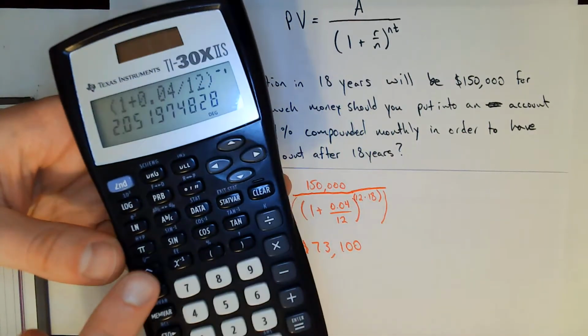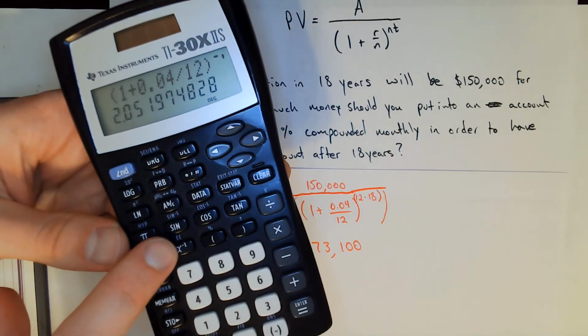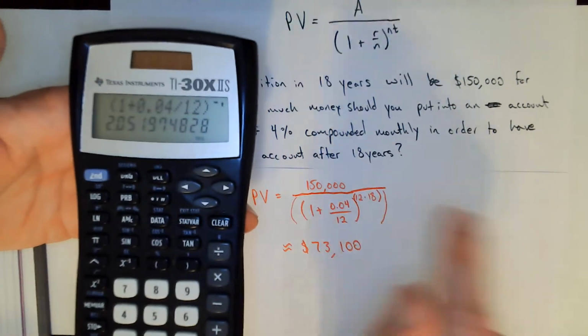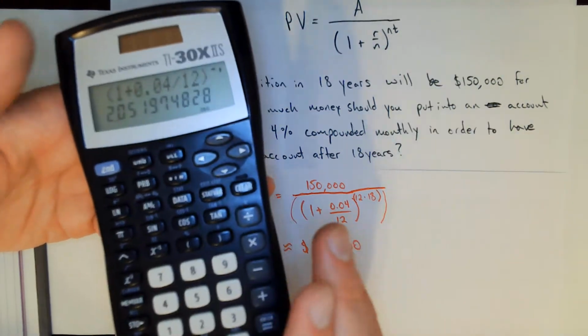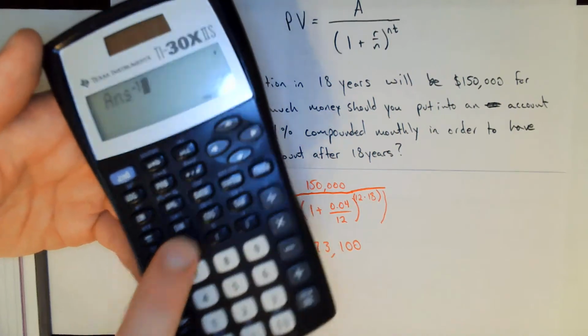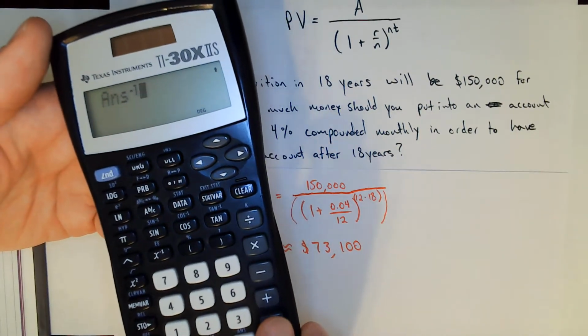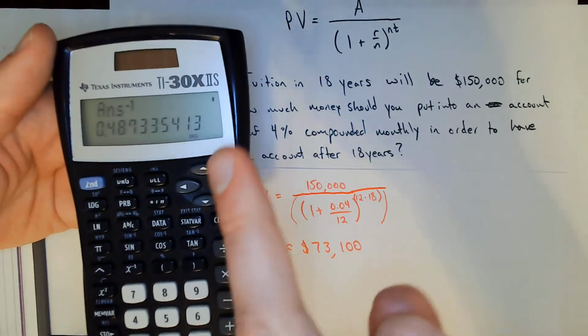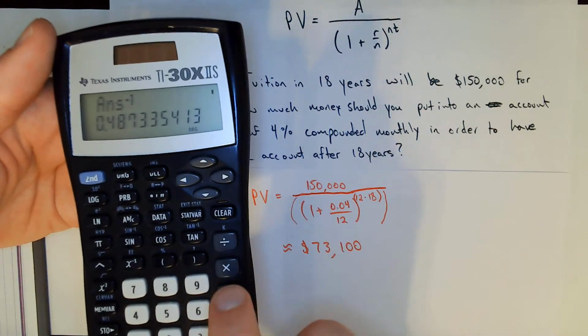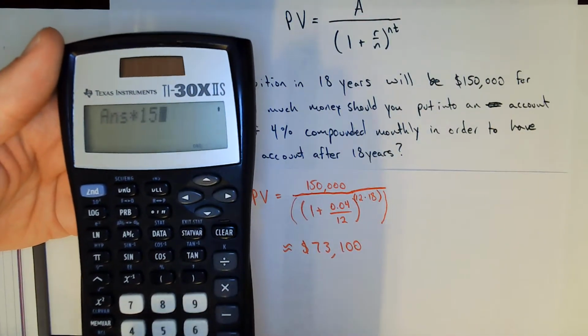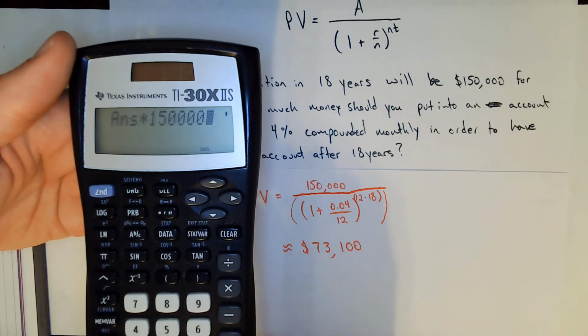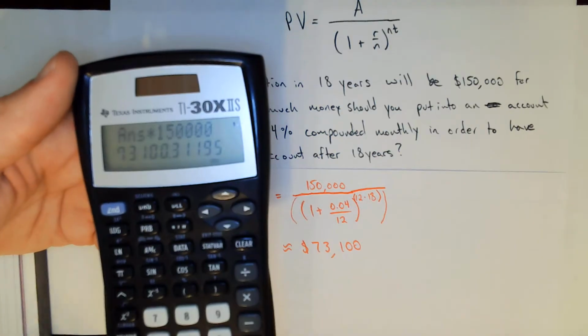That's what this little button is for, x to the minus 1. On your calculator, it might be 1 over x or 1 over y or something like that. You're going to smash that button, and that flips it. Now it's in the denominator, and now you can just multiply it by 150,000. And there I get the same answer.